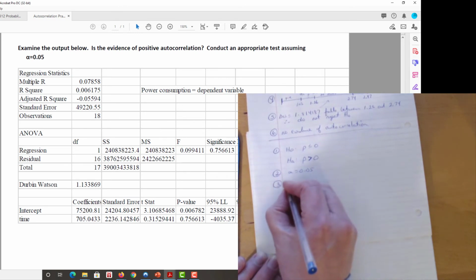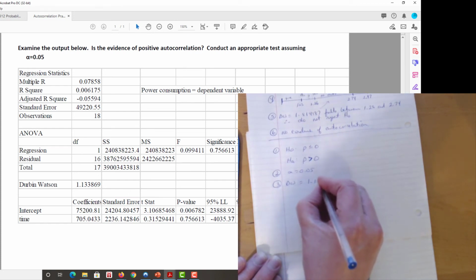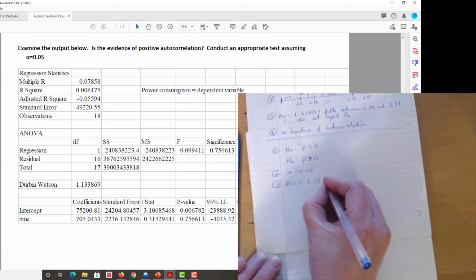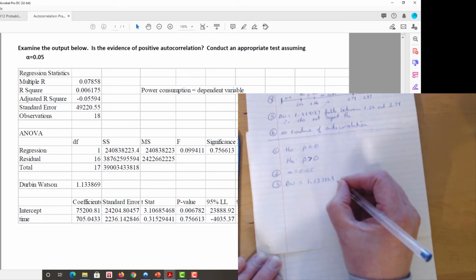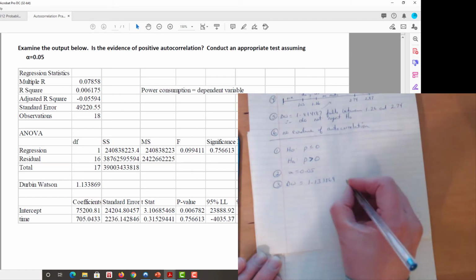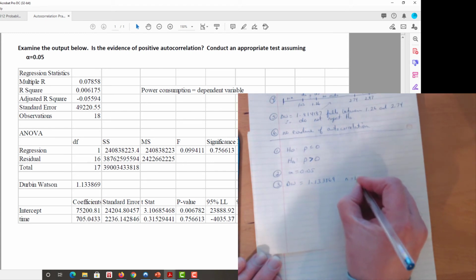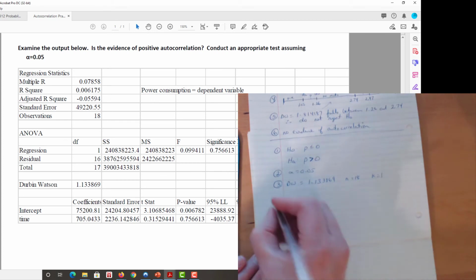Step 3, Durbin-Watson test statistic, 1.133869. So kind of small, tilting towards the positive end of the autocorrelation zone, but we're not quite sure. Our number of observations was 18 here as well, and one independent variable.